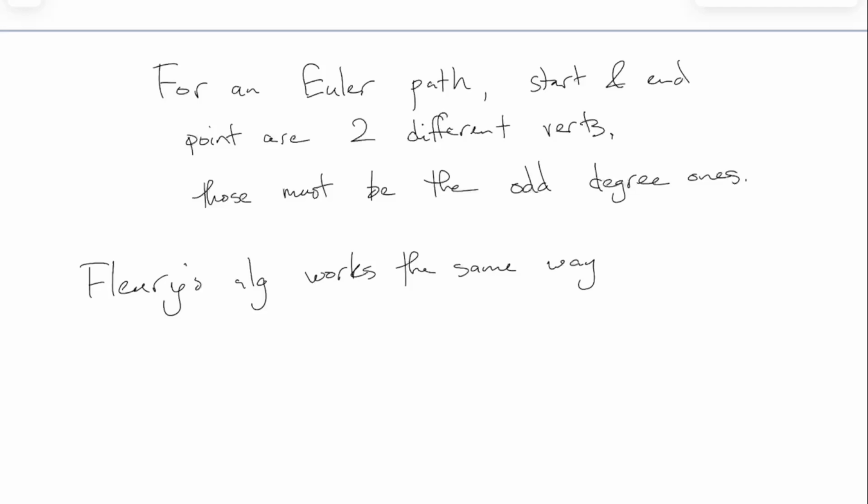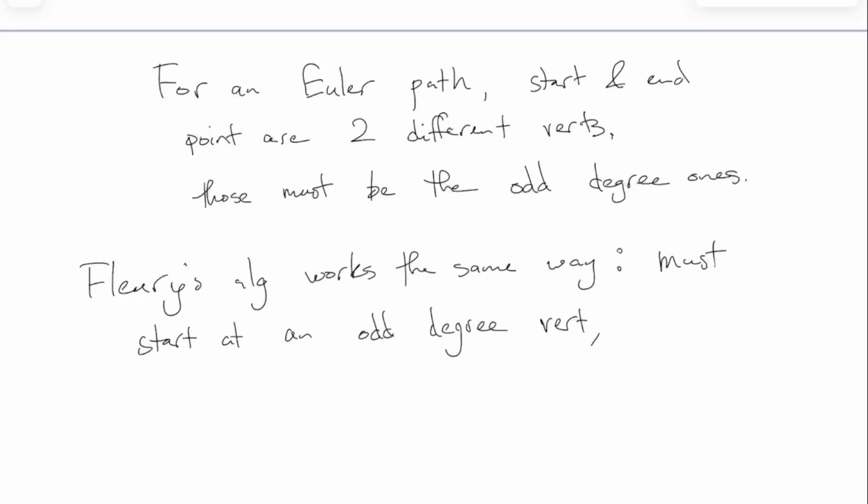So Fleury's algorithm works the same way, but you must start at an odd degree vertex. And you have to finish at the other odd degree vertex. Remember, if there is an Euler path, it means that all the vertices are even degree except for two odds. And you have to start at one of the odds and finish at the other odd.